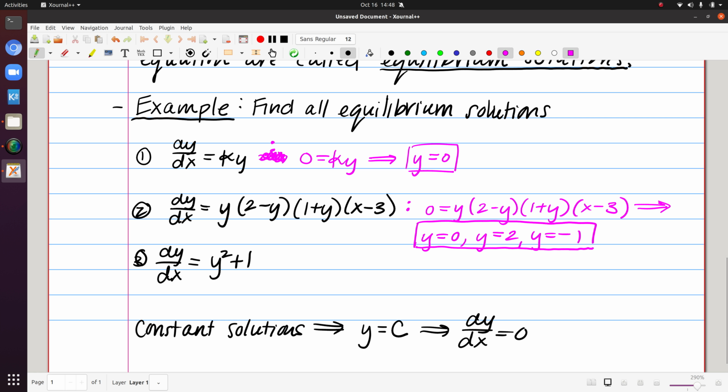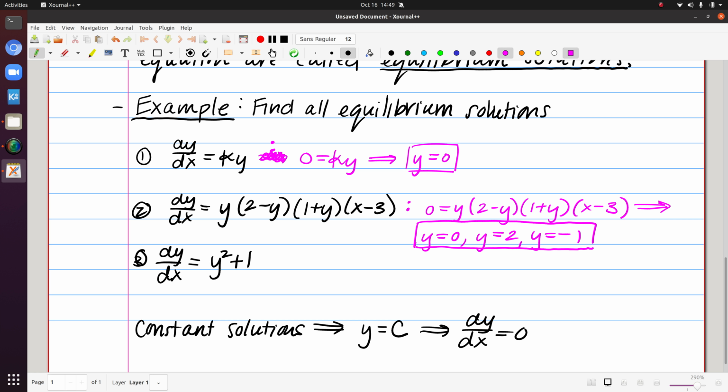The other thing I wanted to point out here, notice that I don't list x equals 3. Of course, x equals 3 does satisfy that this is equal to 0, but we're trying to solve for constant solutions to the differential equation. Solutions are functions y equals f of x. So we're trying to look for where the y values are constant here. So you would ignore any roots where you're focusing on a constant value of x.